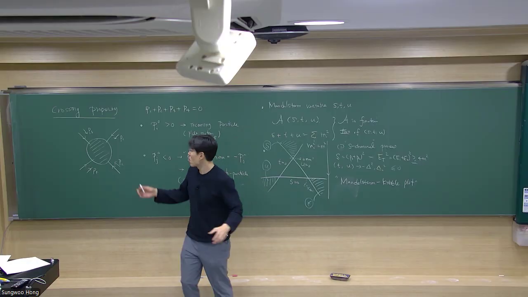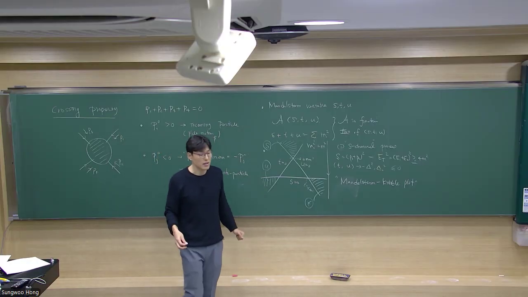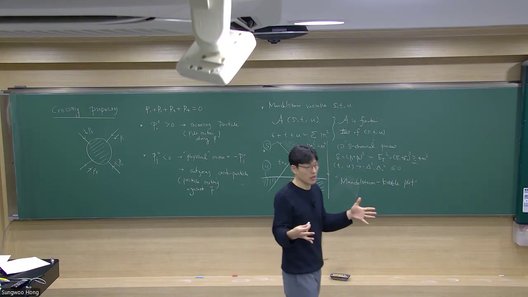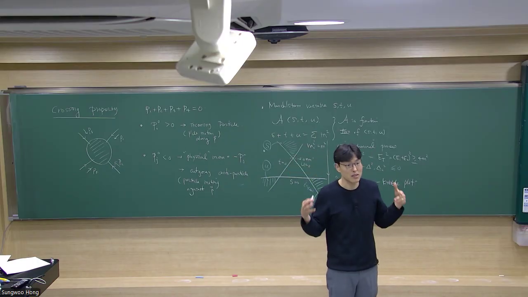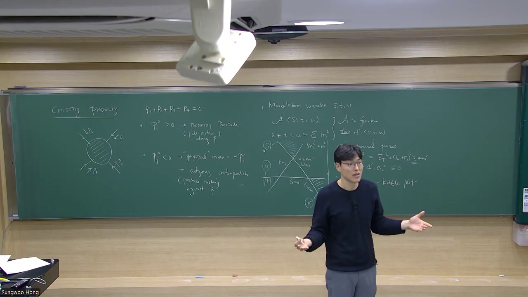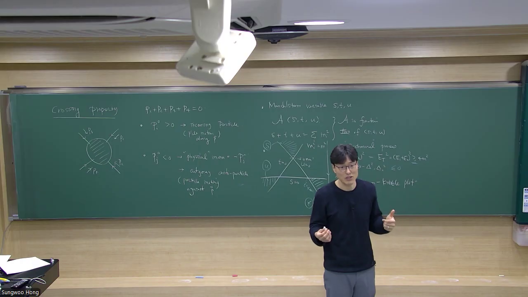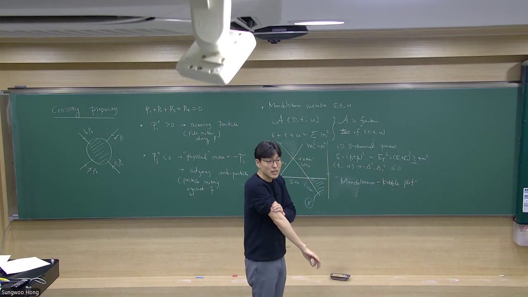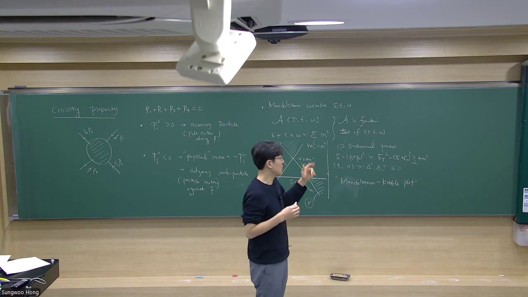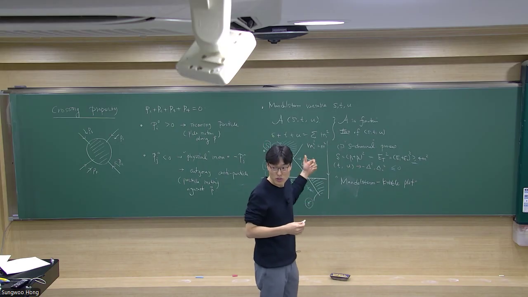So the crossing property states that the same amplitude can, in principle, describe three physically distinct processes, but it's basically the same analytic function, or meromorphic function, of S, T. Okay? So let me first address this statistics question, and then let me give you an explicit example, how to see that happening.